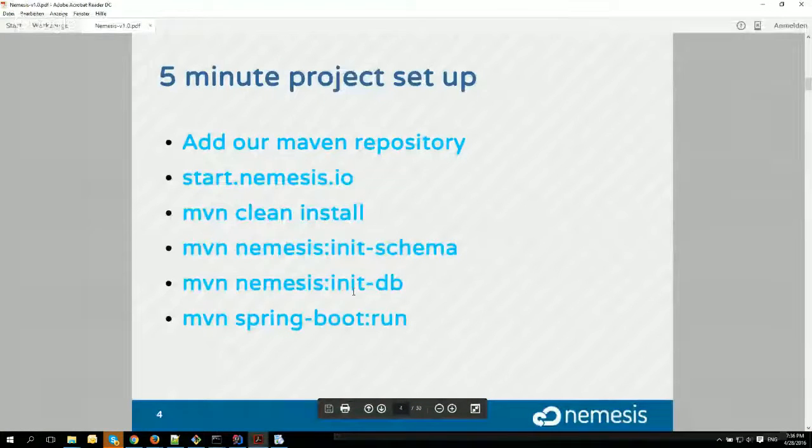here's what you have to do for a 5-minute project setup. Basically, you have to add our Maven repository in your settings XML. I haven't done this before, so I didn't do it now, but usually you have to do it. Then you have to go to this website, start.nemesis.io, like I did, and generate the command. Then you go to step number 3, mvn install, which will build the project and install it in your local repository.